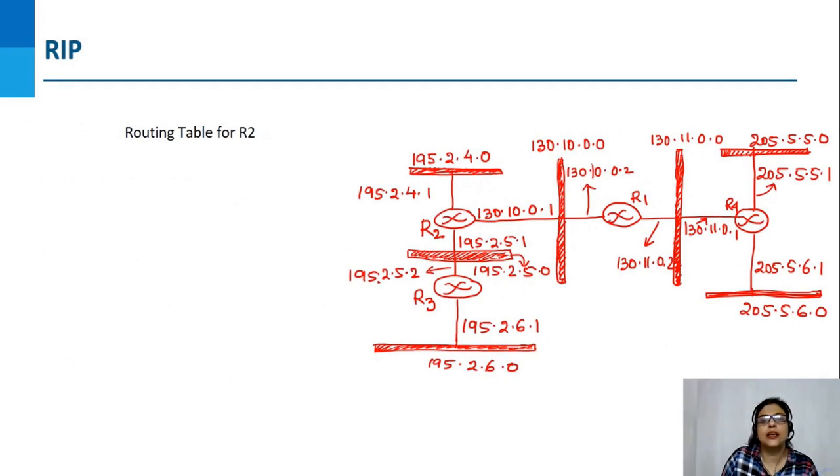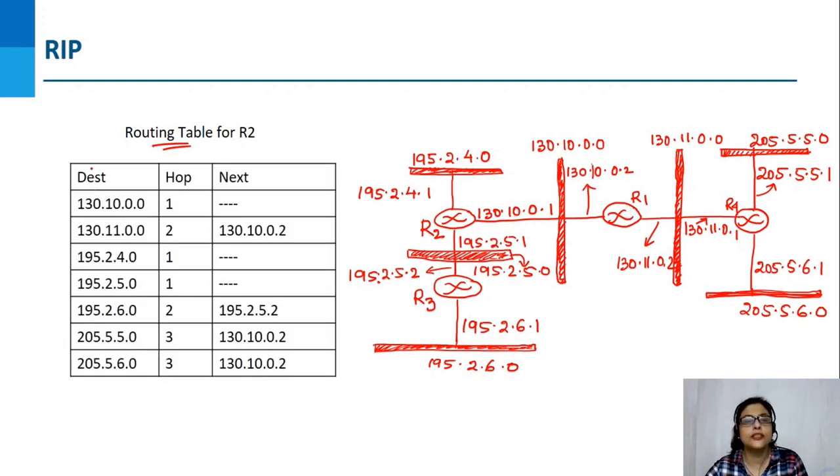So here let us look at this diagram. It consists of routers R1, R2, R3 and R4, and there are several networks connected to these routers. We are concentrating on finding out the routing table for R2. If we can find it out for R2, we can find out for all other routers also.